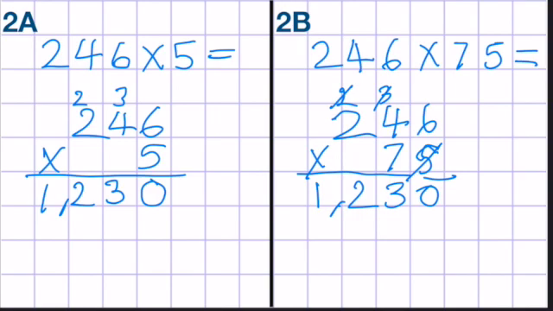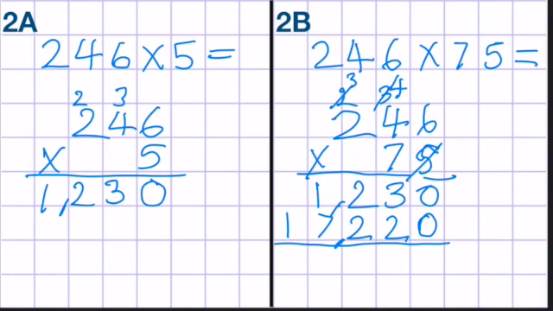We are multiplying by 70, so we need to put a 0 here, and now we're just going to say we're multiplying by 7. So 7 times 6 is 42. So I'll put my 2 here, and my 4 will go here. 7 times 4 is 28, and 28 plus 4 is 32. So I'm going to put a 2 here, carry a 3 there. 7 times 2 is 14, plus 3 is 17.